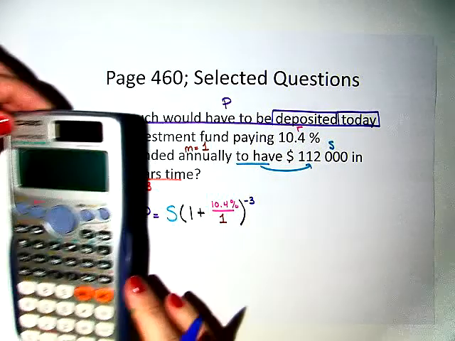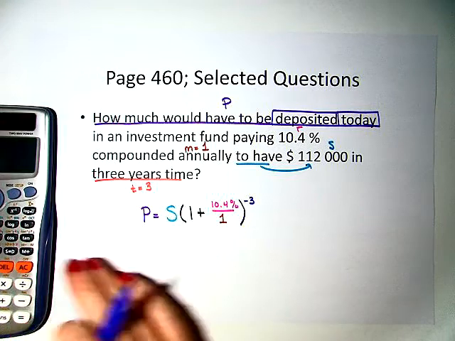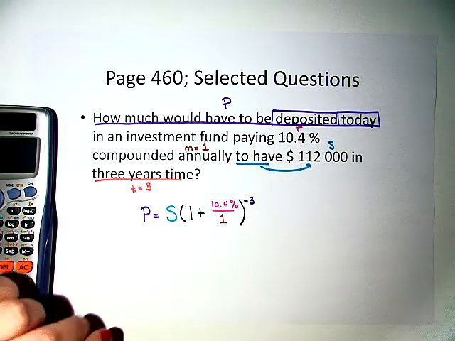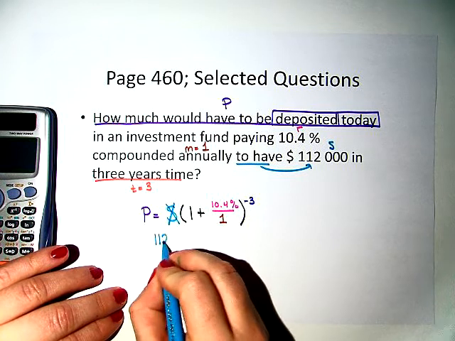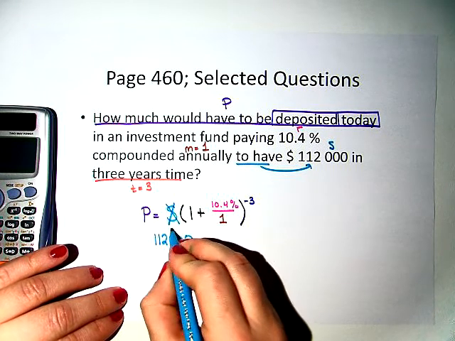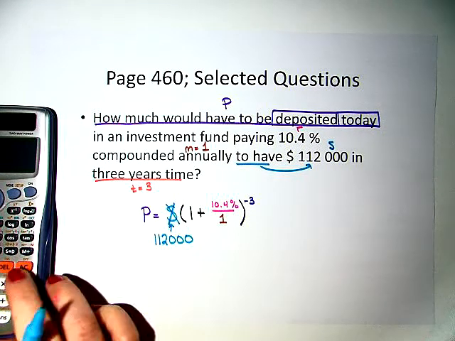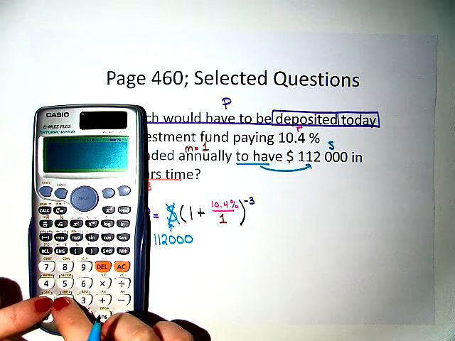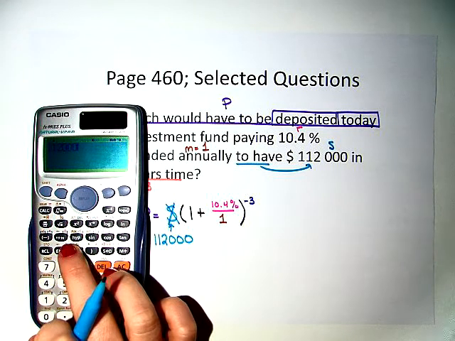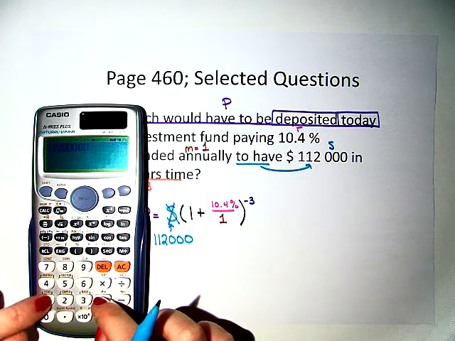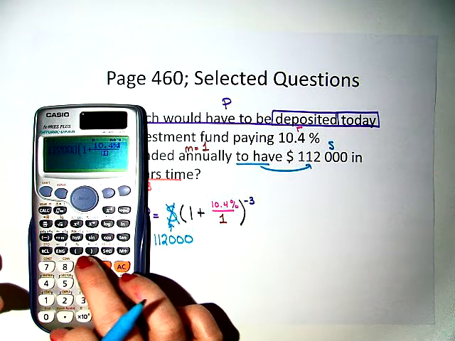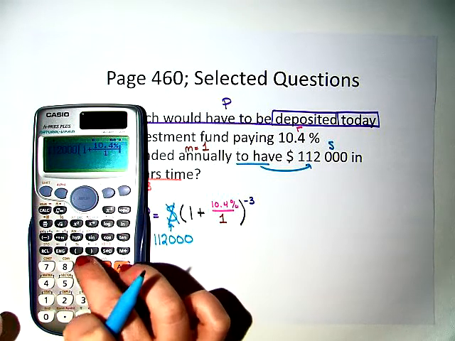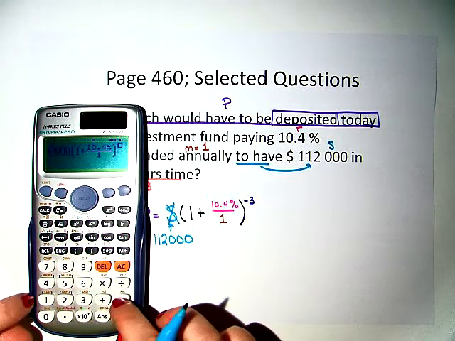So if we were to look at this, our S was how much? We should have put this in right at the beginning. $112,000. So 112,000 times 1 plus, make it into a fraction, 10.4% over 1 raised to the negative 3.